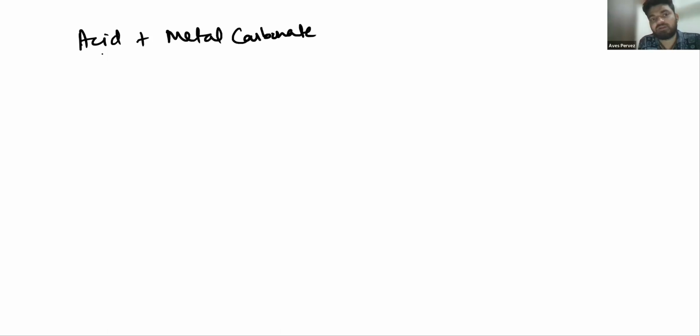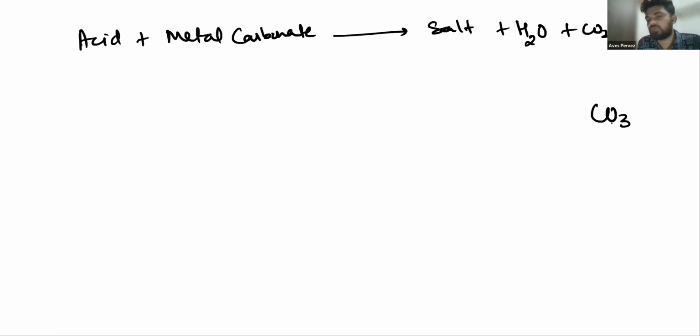Let's move further. The next property is when acid reacts with metal carbonate. Acids when reacting with metal carbonates give you salt plus water plus carbon dioxide gas. A metal carbonate has the carbonate CO3 group.